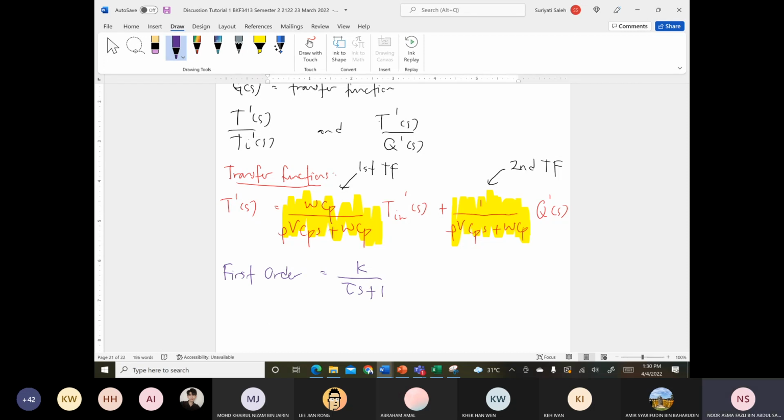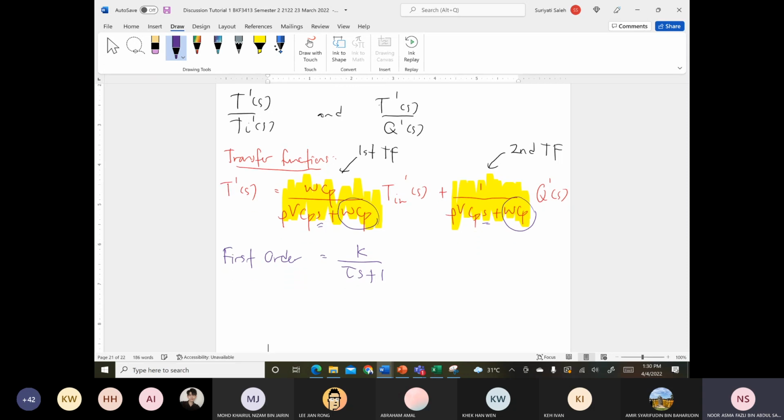So here we can see that you have the S, and then the problem is this one, plus WCP. So we need to convert it back into plus 1. So this can be rearranged.